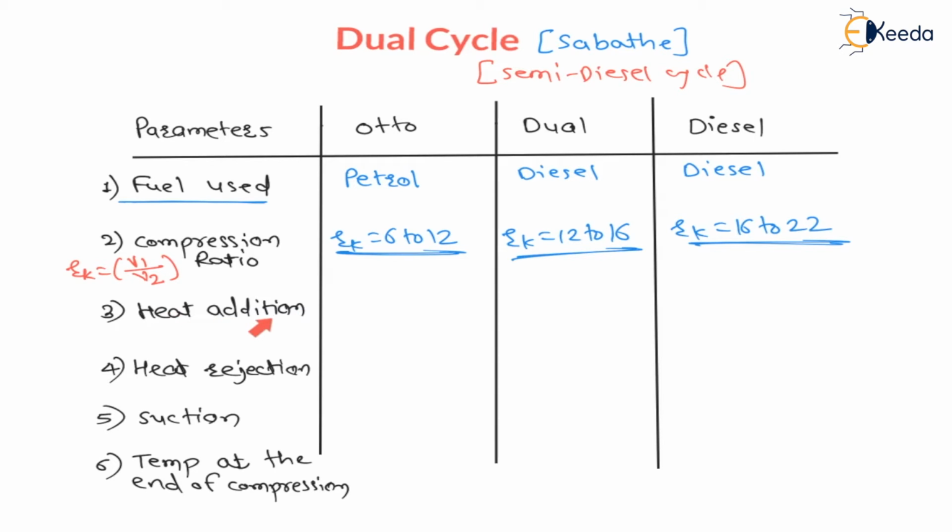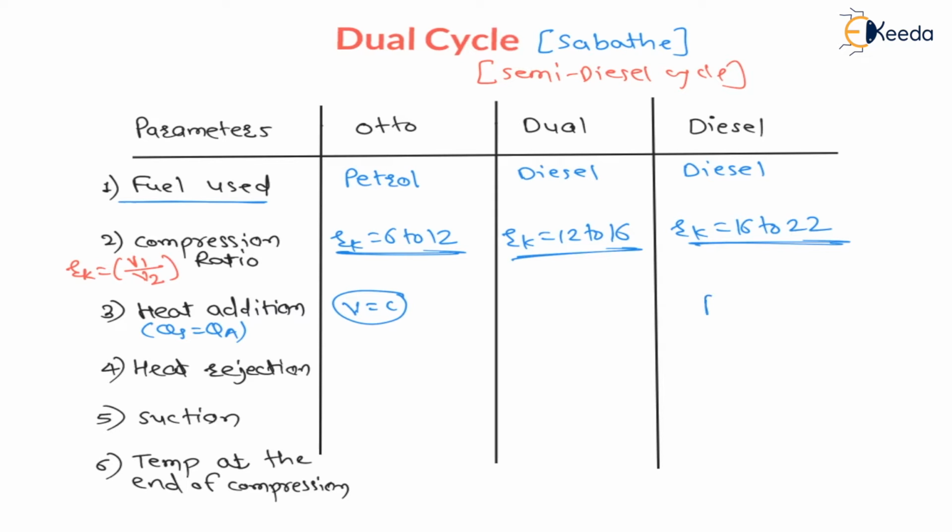Now heat addition. Heat addition is nothing but heat supply. During this process, heat is supplied or added. For the Otto cycle, the heat addition is at constant volume. For the diesel cycle, the heat addition is at constant pressure.